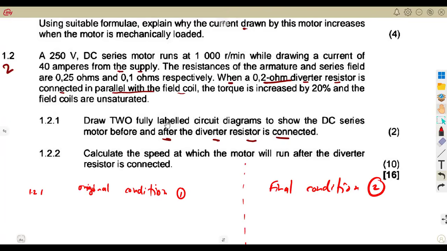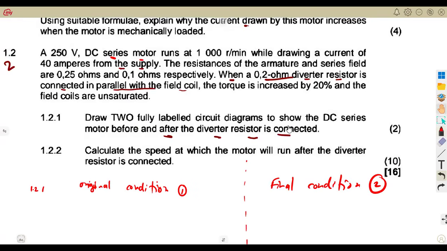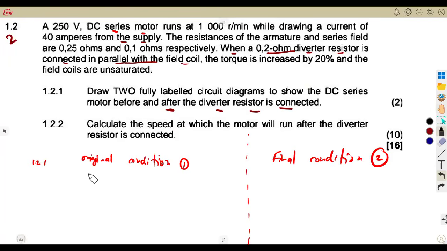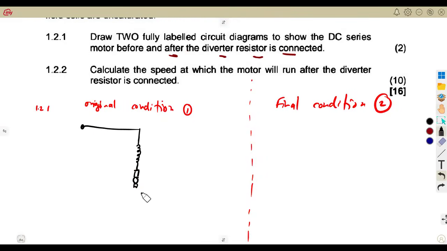On the initial part, it's a series motor. We're just gonna have our series presentation of a motor. Remember your series: the series field to the armature. Just gonna need our series field here to the armature.